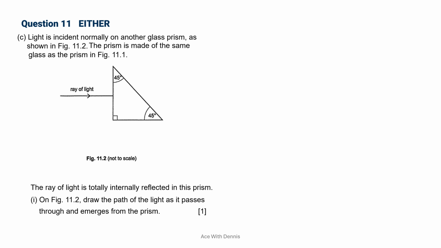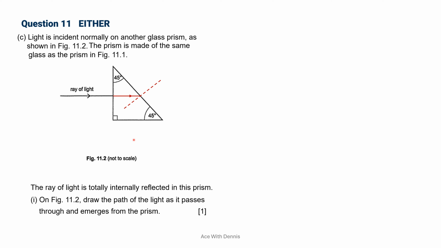Okay, so to complete the ray diagram in figure 11.2, when the ray of light enters the prism, it is perpendicular to the surface. Hence, it will just move straight without any bending. Now when it hits the surface, it is totally internally reflected. So what we need to do is draw a normal line. The normal is perpendicular to the surface, and then the ray will be totally internally reflected.